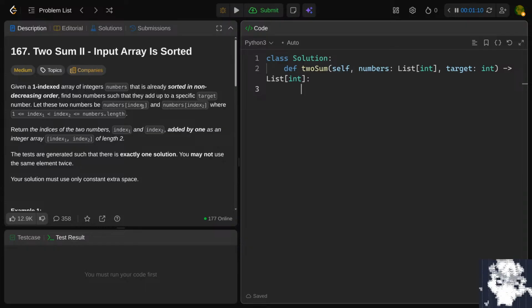Okay, so we're trying to find two numbers that will sum to the target, and we're returning the indices of the two numbers. So obviously, there's an n squared solution, which is try every pair. We can obviously do better than that because the input array is sorted.